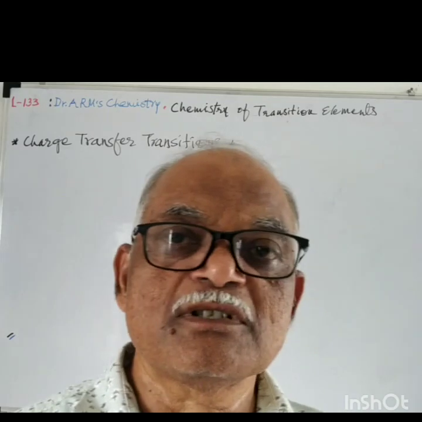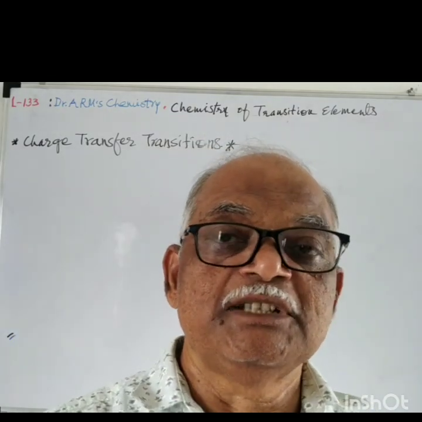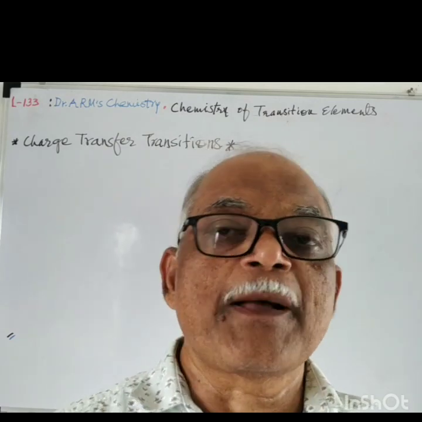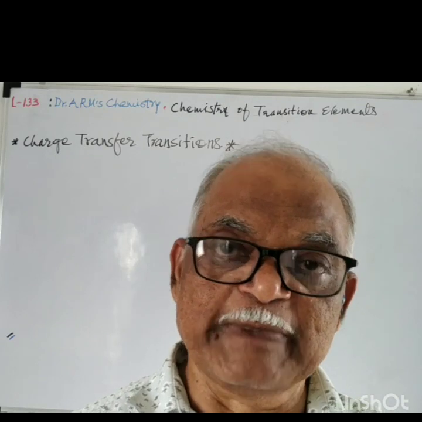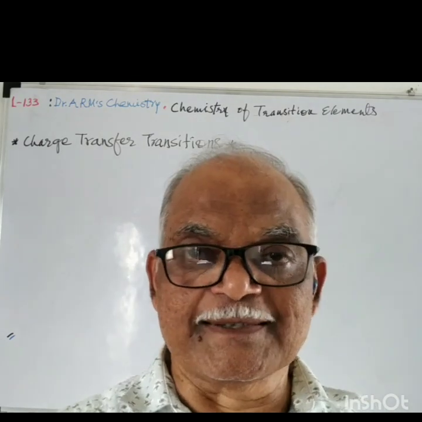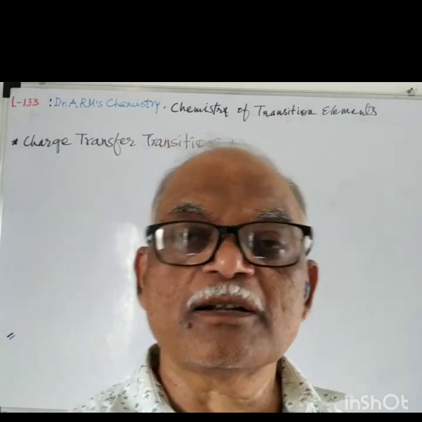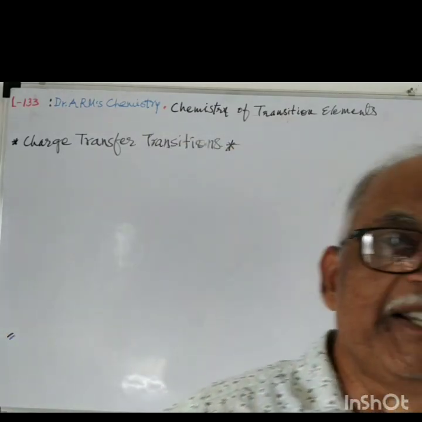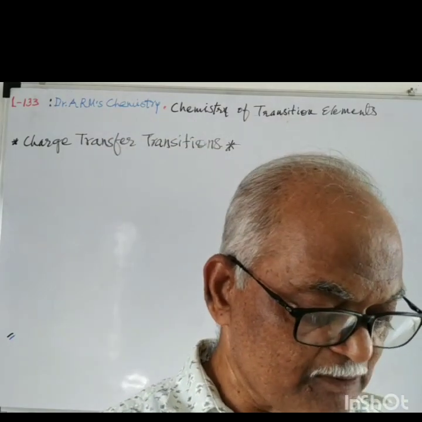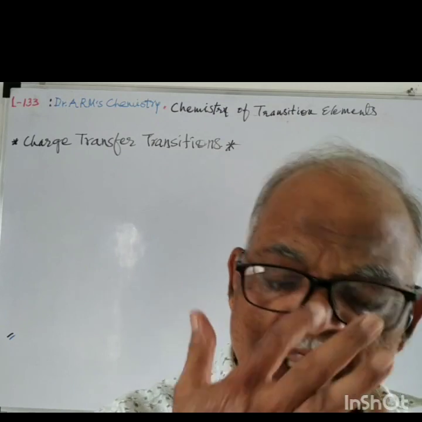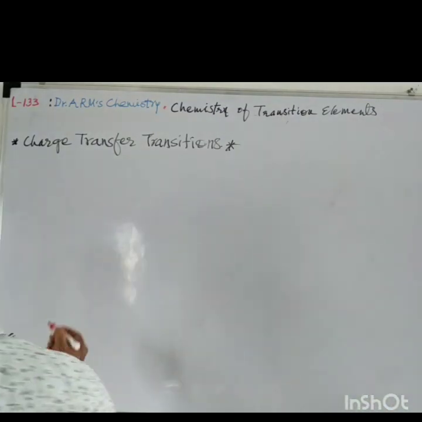So if electrons are moving from metal to ligand or vice versa, these electrons show the charge transfer spectra, and in this case the electron density moves either from metal to ligand or from ligand to metal, and that is why such transitions are called charge transfer transitions. There are so many types of these charge transfer transitions.